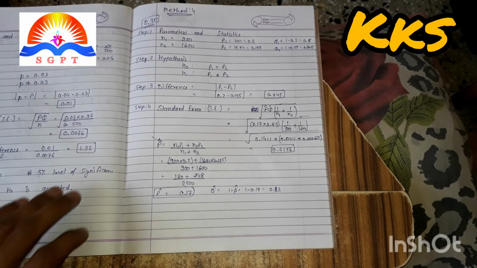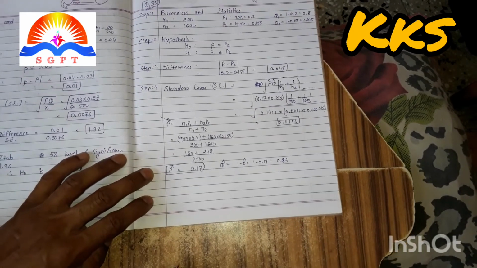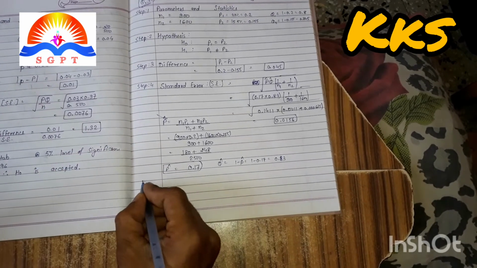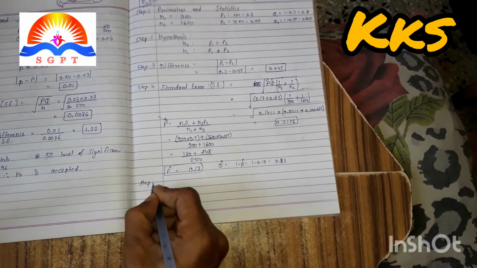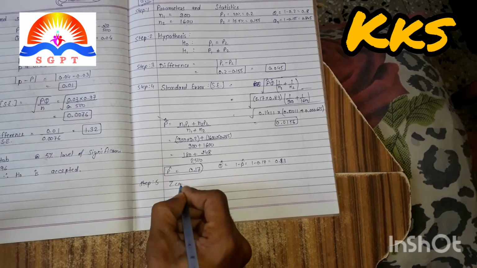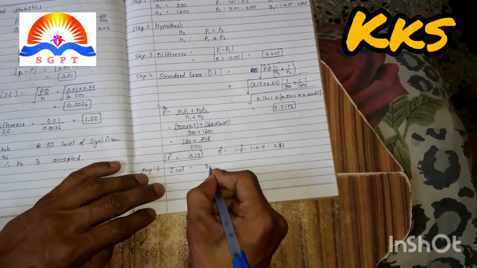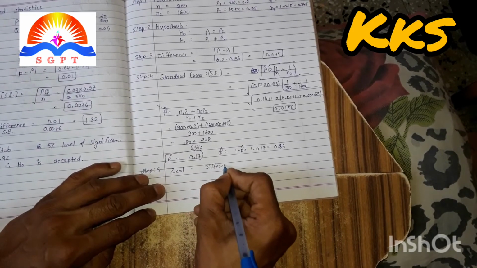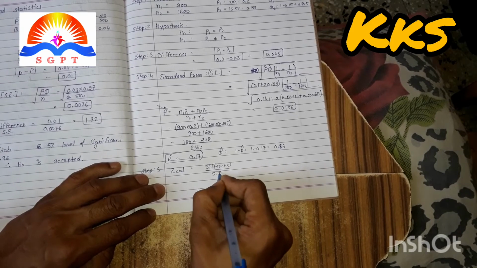After the standard error, we calculate ZCal in step 5. How can we calculate that? Difference upon SE.